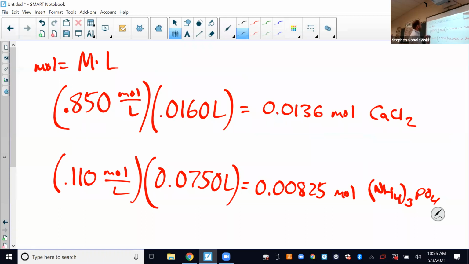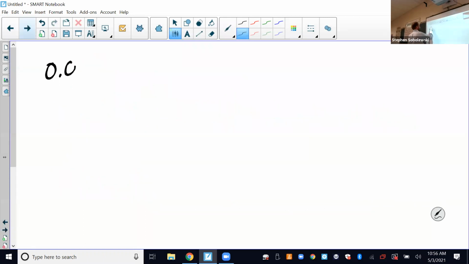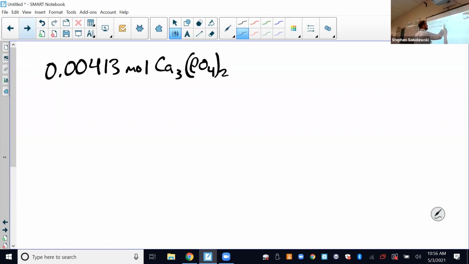For the molar mass, 3 calciums plus 2 phosphoruses plus 8 oxygens gives me a molar mass of 230.02.